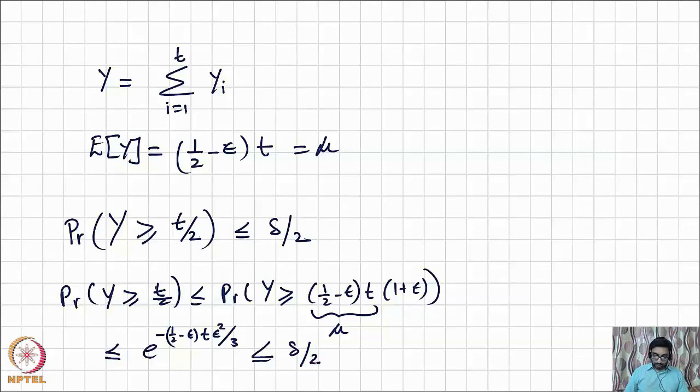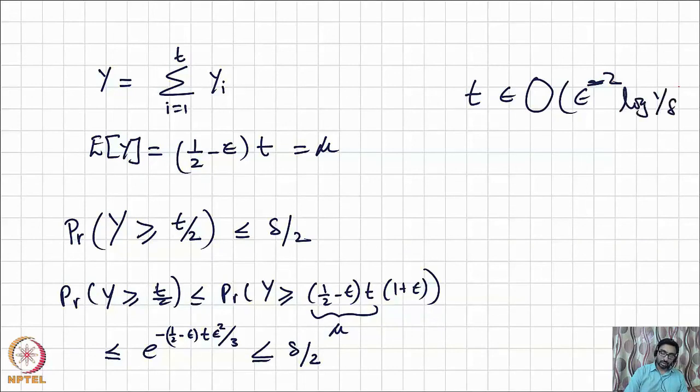If you work out the mathematics, we can conclude that this inequality can be achieved with t belonging to O of epsilon to the minus 2 times log 1 by delta. In fact, I would encourage you to find out the exact t value for which this inequality holds.